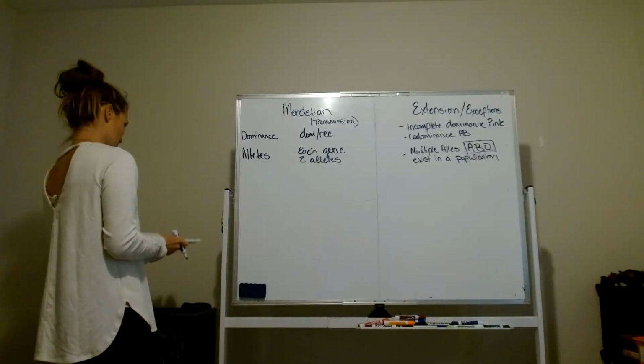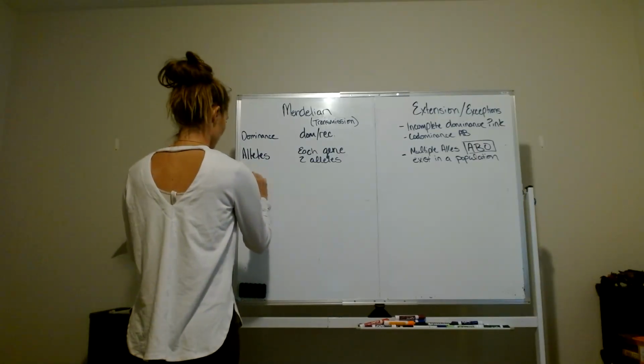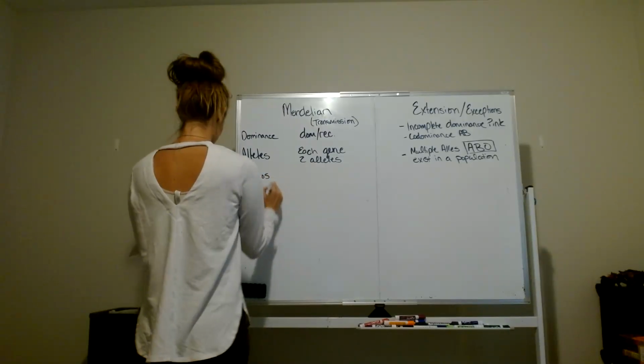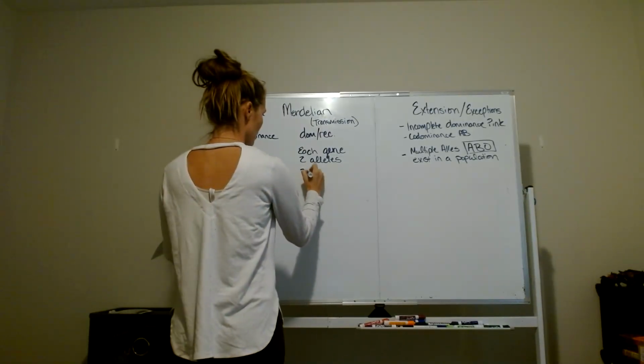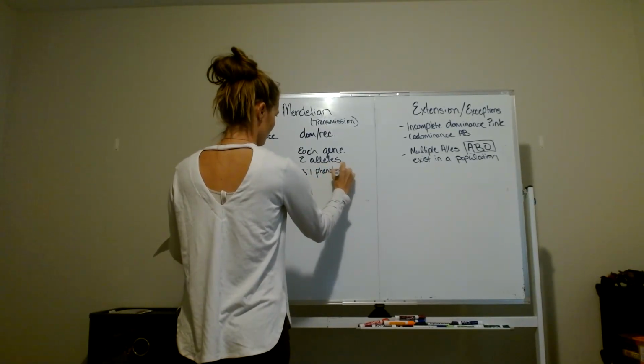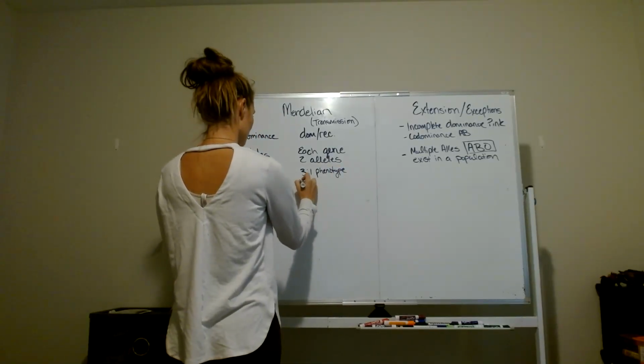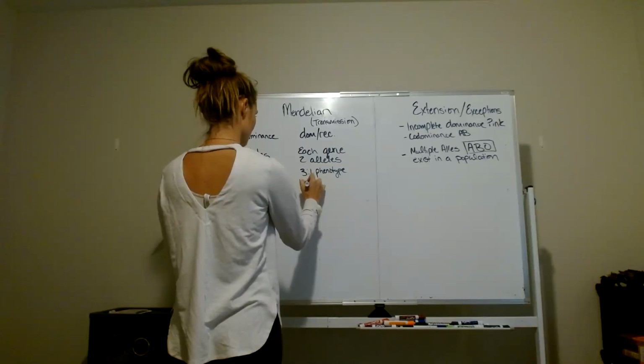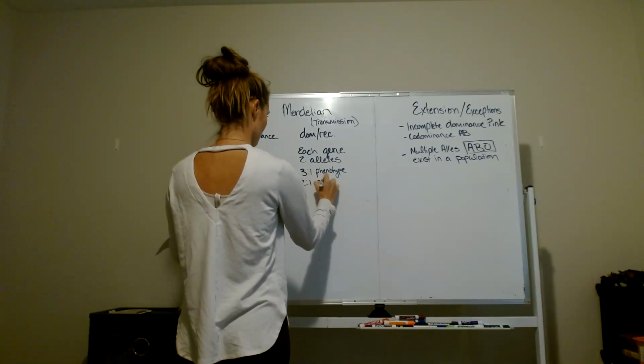Ratios. So he said 3 to 1 phenotype, right? And 1 to 2 to 1 genotype.